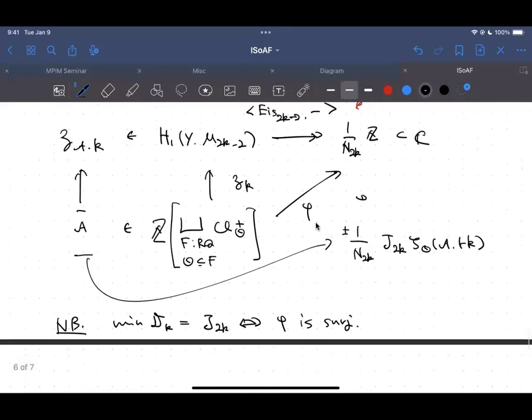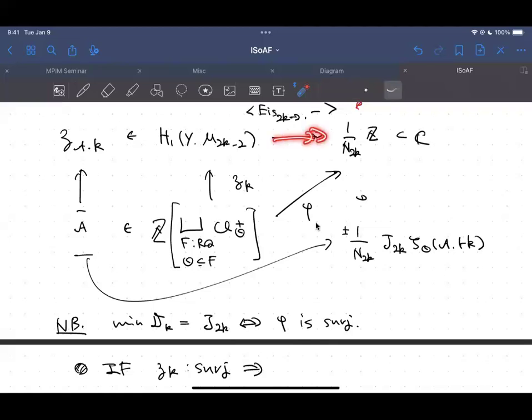Therefore, if this map zk, which assigns each cycle from an ideal class, is surjective, then since this is also surjective, this is surjective, so we are done.